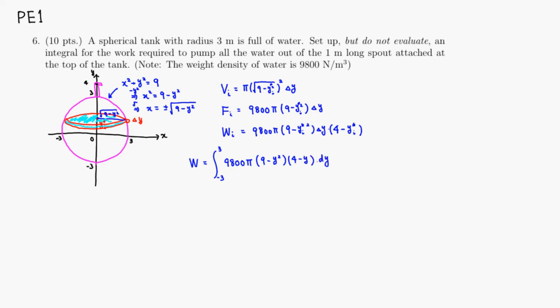This represents the total amount of work required to pump all the water out of the spherical tank through a 1 meter spout. All right, that's it. I hope that this was clear.